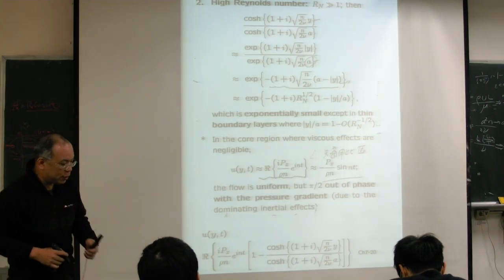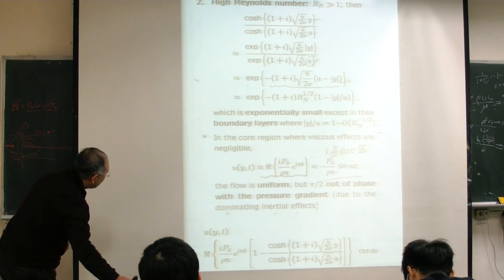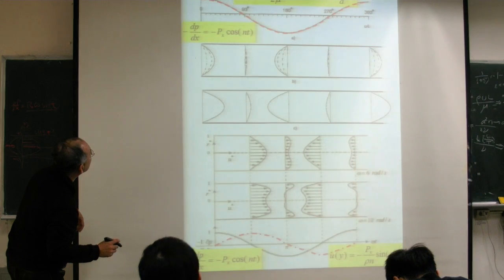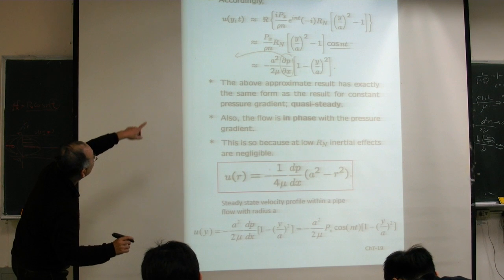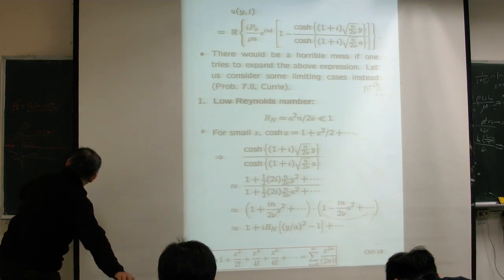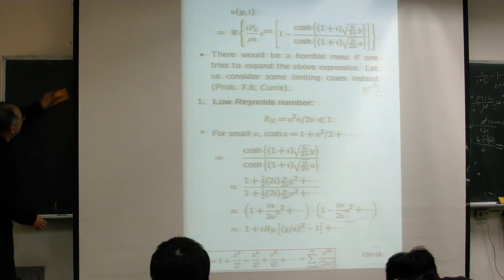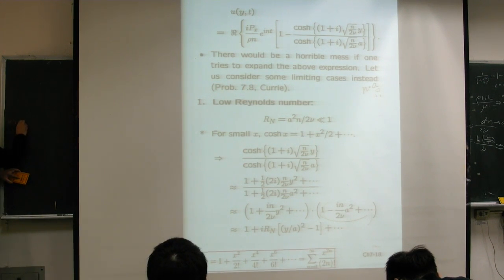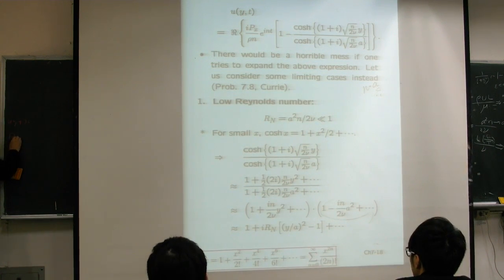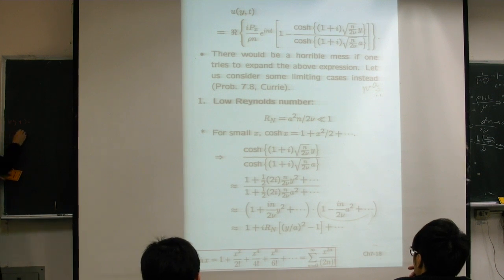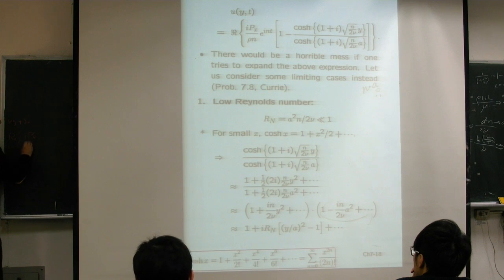So in the core region here, I think I forgot to do that here to make it easier. I plug into this solution form, as you can see here. So this is u as a function of y and t, equal to the real part of i times x over rho n, right?